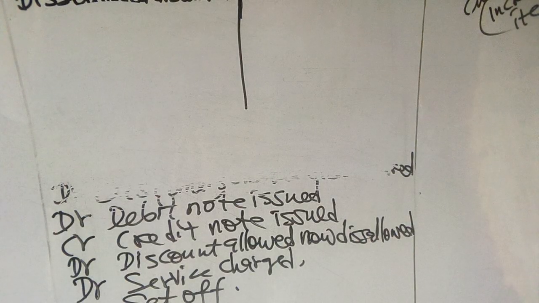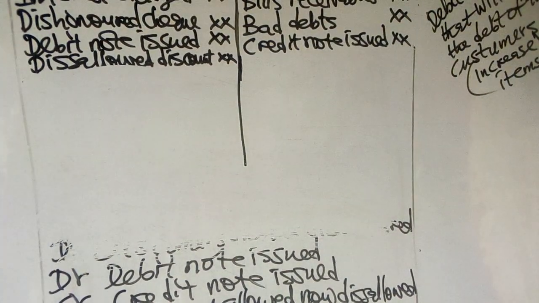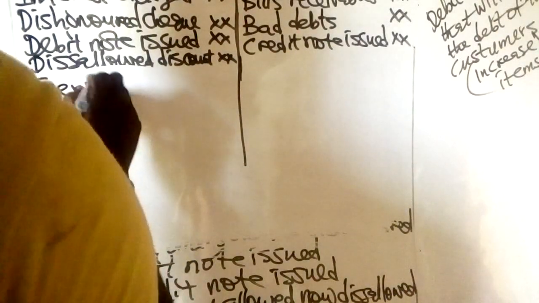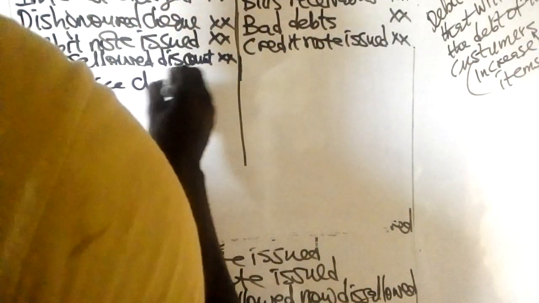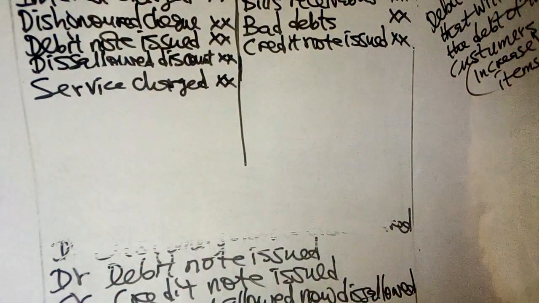Then you have service charge. When you charge customers for the service you render, that means you are increasing the amount the customers ought to pay. So you debit it. Then you have set off.